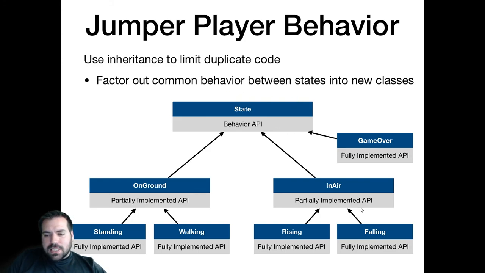So here we can notice what I said before. Rising and falling have a lot of shared functionality, and walking and standing are going to have a lot of shared functionality. So we can factor out that functionality and leverage our inheritance a little more, like we did when we first talked about inheritance last Monday: take all the common functionality between these, remove all that duplicated code, and put it in a shared class that has only the shared functionality.